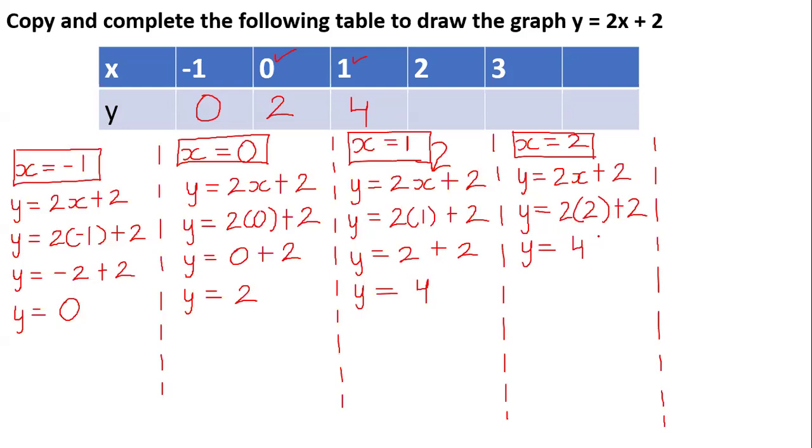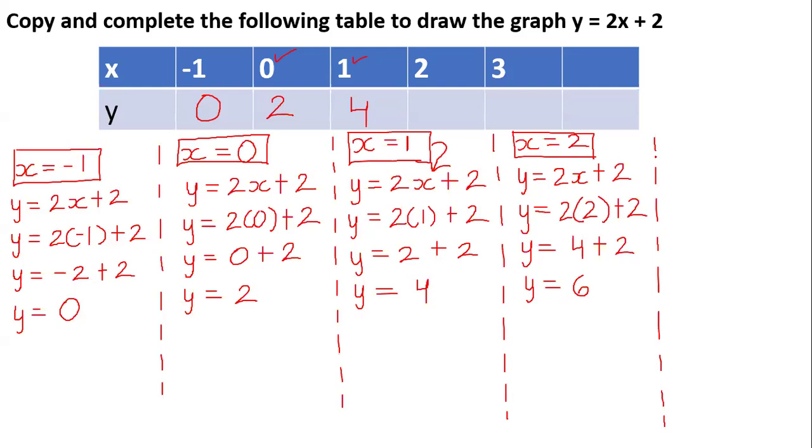We have 4 plus 2. What is 4 plus 2? 6. All right, so this is gonna be y is equal to 6.